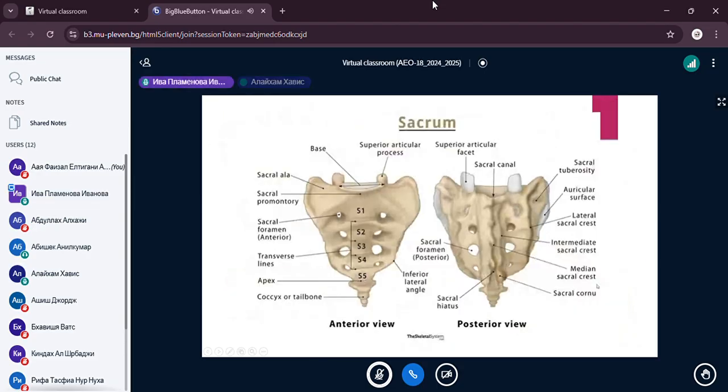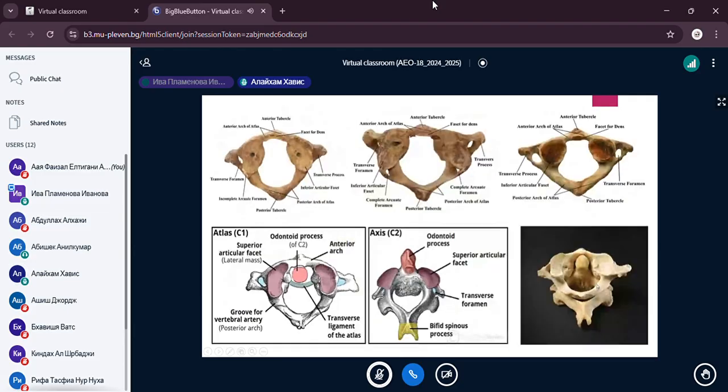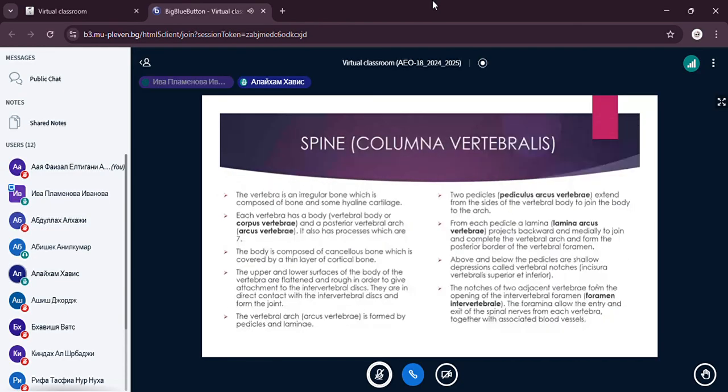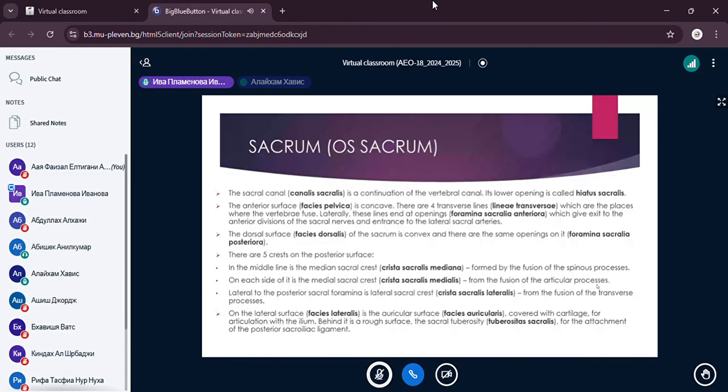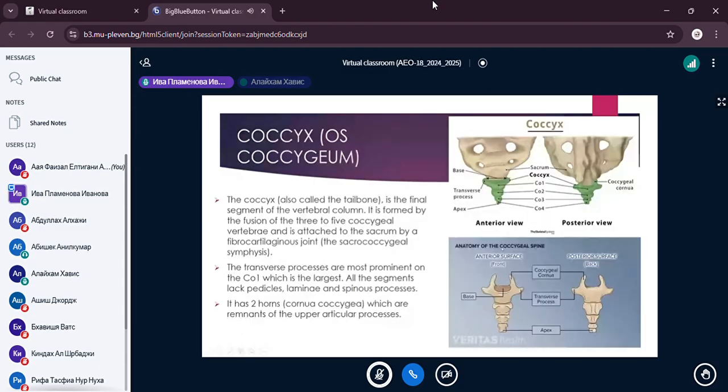Professor, the tailbone, it's different for each gender, right? Yeah. Also, the tailbone may be formed by separate vertebrae, not the fusion of them. Also, the number of vertebrae can be different in different people.